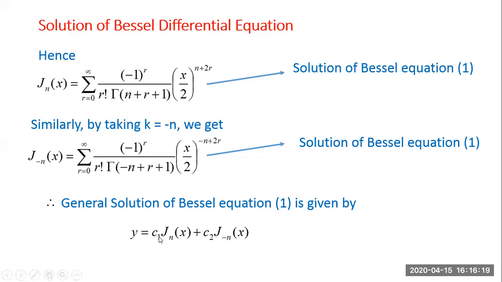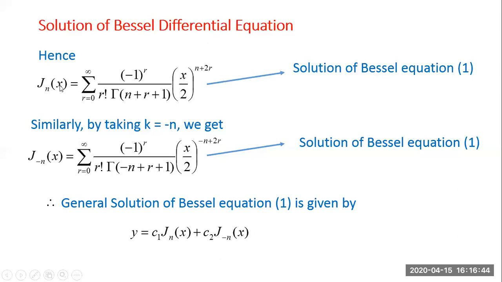That is y is equal to c1 Jn of x plus c2 J minus n of x. So therefore, the solution of Bessel's differential equation is given by y is equal to c1 Jn of x plus c2 J minus n of x, where c1, c2 are two arbitrary constants, and Jn of x and J minus n of x are given by these two expressions.